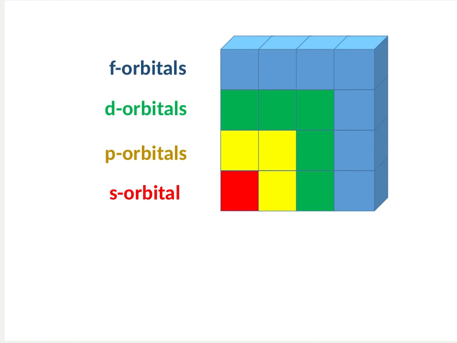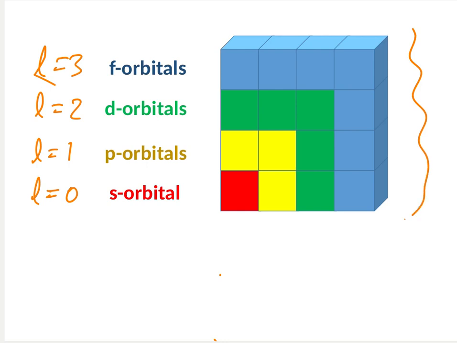So first, we remember we have four different types of orbitals that we've really focused on so far. We have those L equals 0 s orbitals, L equals 1 p orbitals, L equals 2, L equals 3 for the d and f orbitals. And one of the ways that we tried to understand and make sense of the relationships between these different quantum numbers was this little electron house analogy.